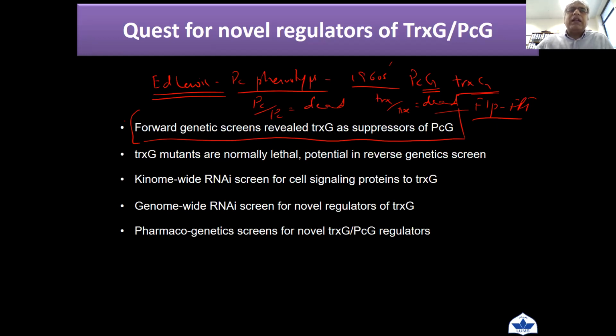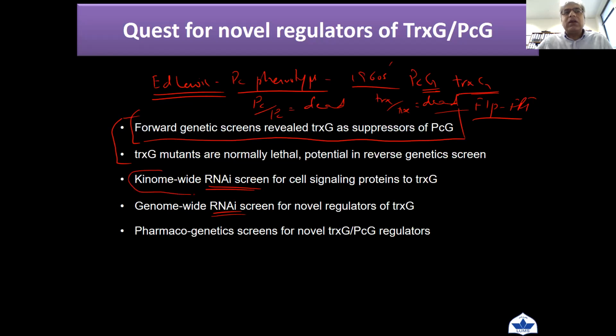Now, what we thought is that, because going through a forward genetic screen is also a very tedious and laborious job, if we want to have a genome-wide scan of the possible additional genes which may contribute to polycomb and trithorax group gene regulation, we should go through a reverse genetics approach, and we decided to do a genome-wide RNAi screen or kinome-wide RNAi screen.